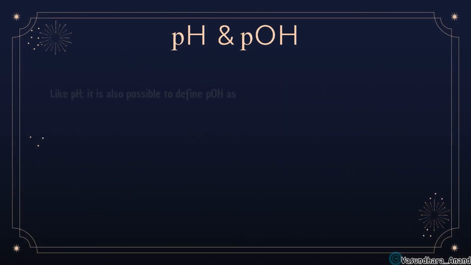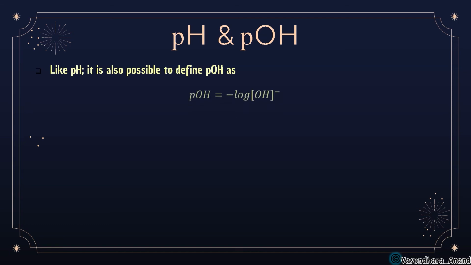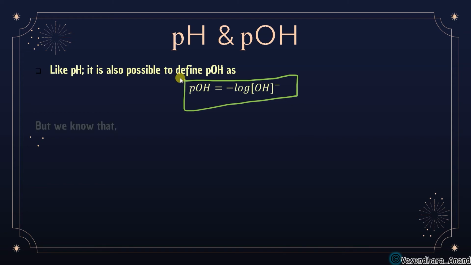Now pH and pOH. Like pH, it is also possible to define pOH. Like pH was potential of hydrogen ion, so pOH, we can say potential of hydroxyl ion. So instead of H plus, we will just use OH minus. And that's so simple. So pOH is equal to minus log concentration of OH minus ion.